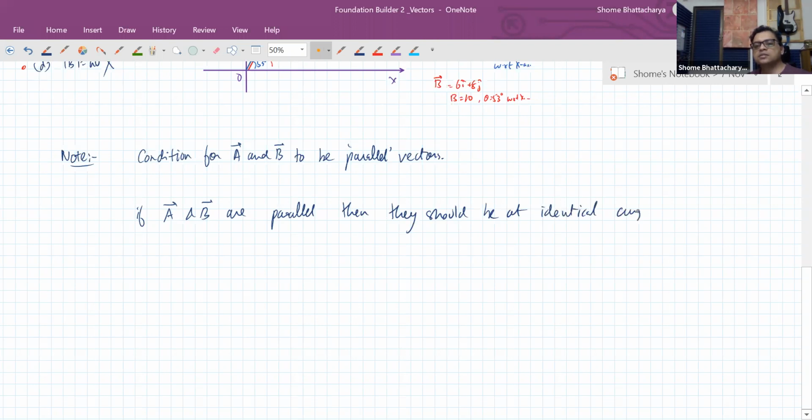Identical angles, alpha, beta, and gamma, with respect to x, y, and z axis, respectively.